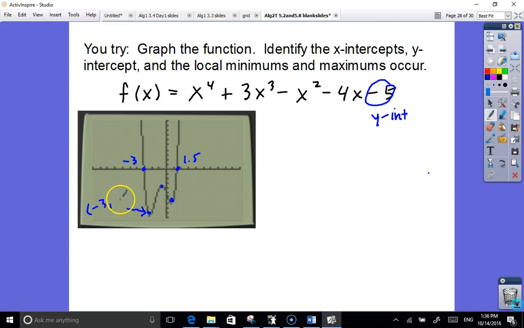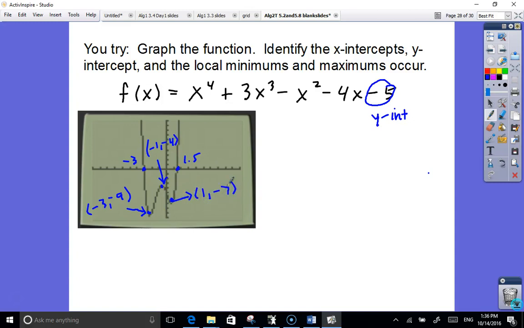Who did you say, 9 or 10? -9. Okay, what about this one on top? What'd you say? -1? -4? Okay, what about this one? 1, -7? Looks about right, okay.